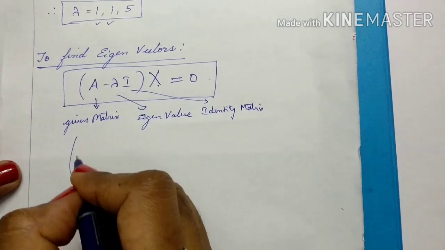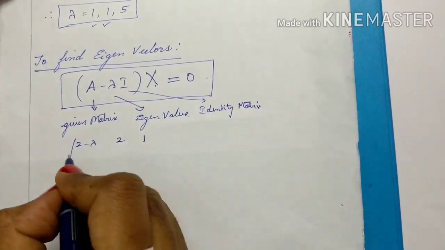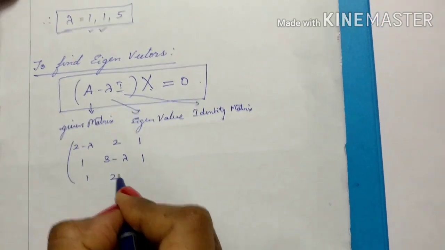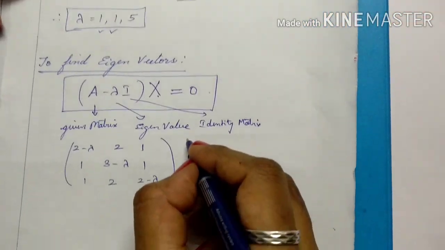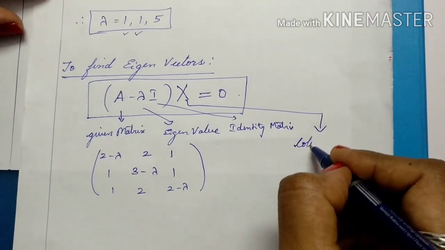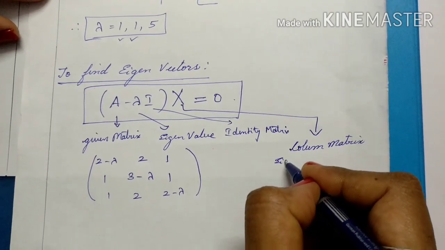As earlier we have done, it's going to be the matrix [2 minus lambda, 2, 1; 1, 3 minus lambda, 1; 1, 2, 2 minus lambda]. This is a matrix you're getting, and this x vector is nothing but the column matrix. This is the eigenvector.